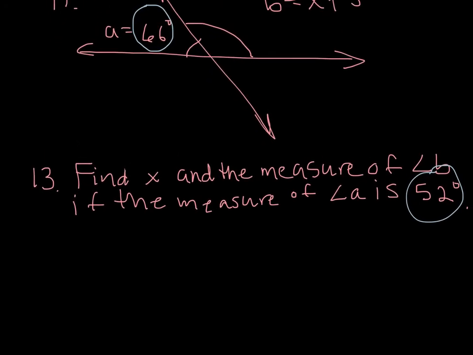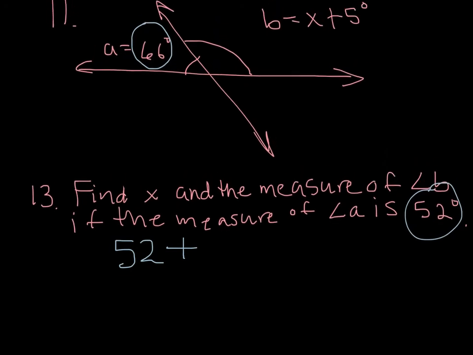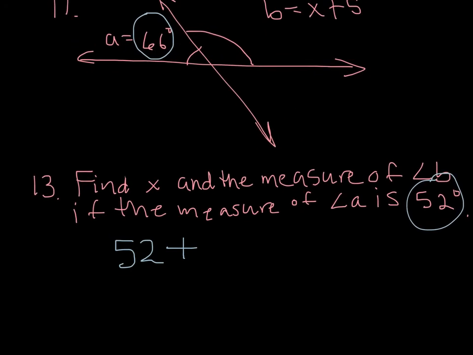So to solve 13, we put in angle A as 52 degrees, plus, and we keep B the way it is, so B is x plus 5, equals 180. So that's how you set up number 13.